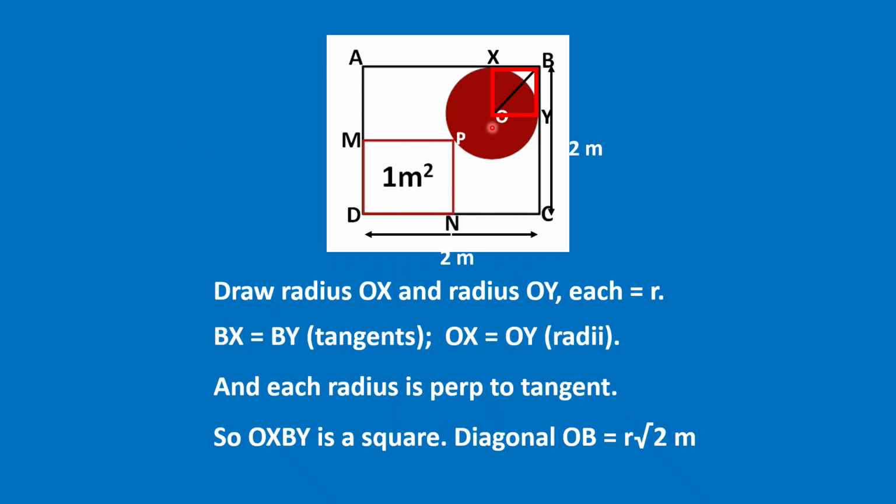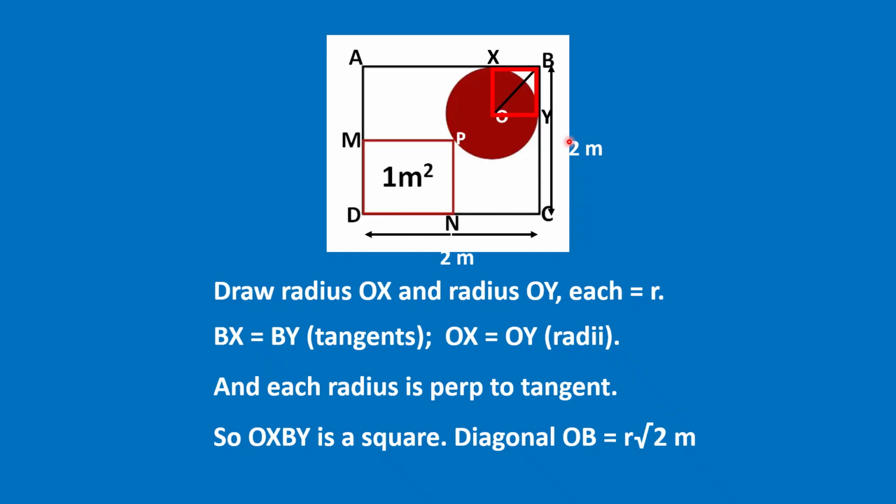Now, we draw the radius OX and radius OY. From the center of the circle, O, OX is the radius and OY is the radius, and we get a square. You can see the blinking square. BX equals BY, both are tangents. OX equals OY, both are radii.